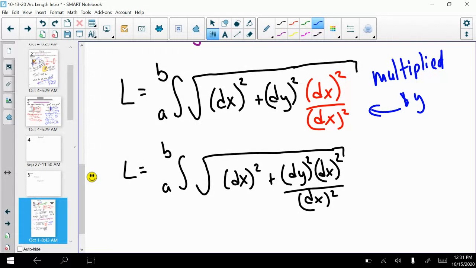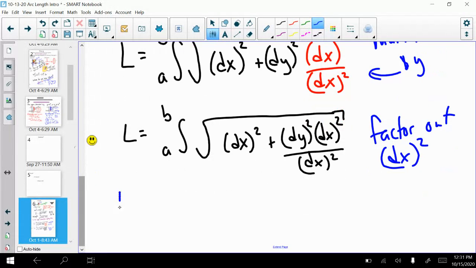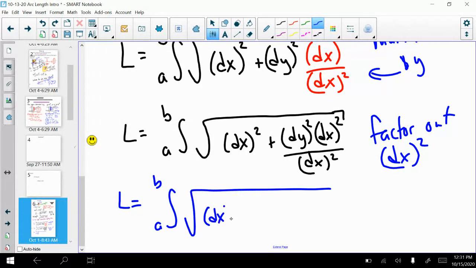Now what we're going to do is factor out that dx squared. So L equals the integral from A to B of the square root of dx squared times, from this term, 1 plus dy squared over dx squared.